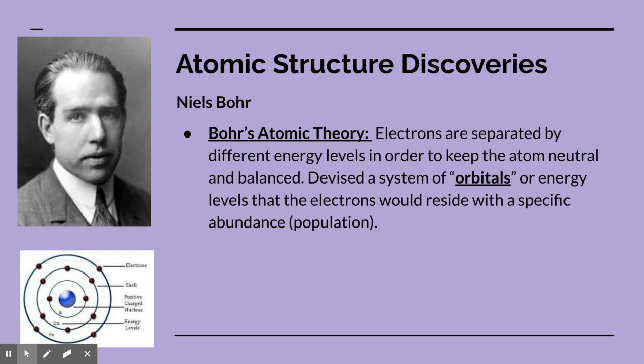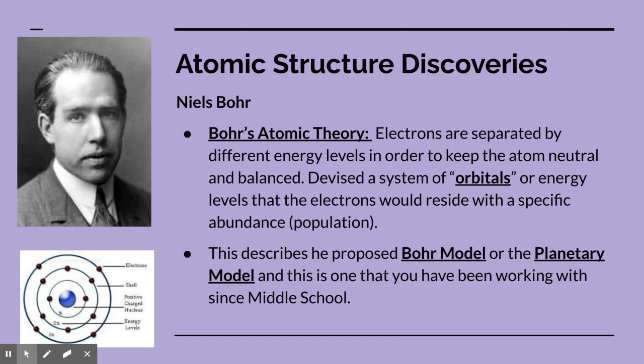So they have to be arranged in such a way that allows them to keep their composure and not just fly everywhere and bump into everything. So he devised this system of orbitals, or energy levels, that electrons could reside in with a specific abundance or population. And how he described that is the Bohr model.